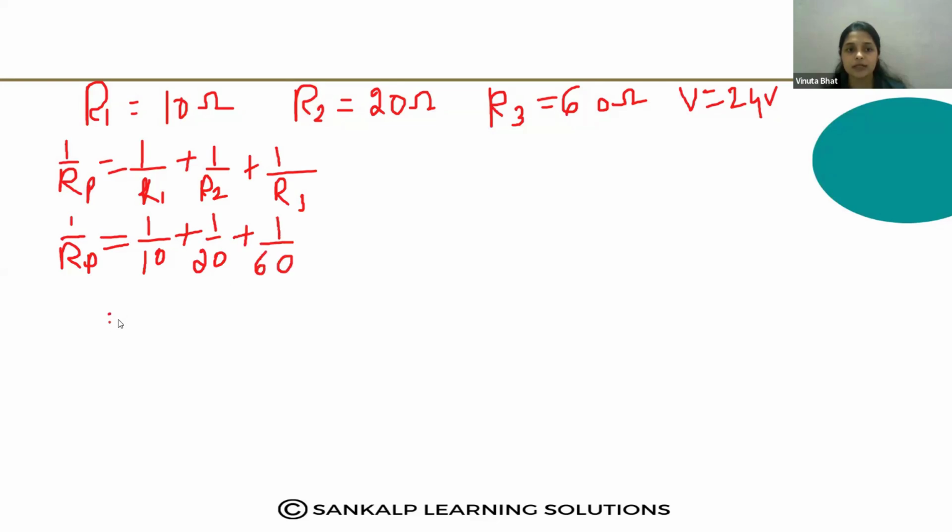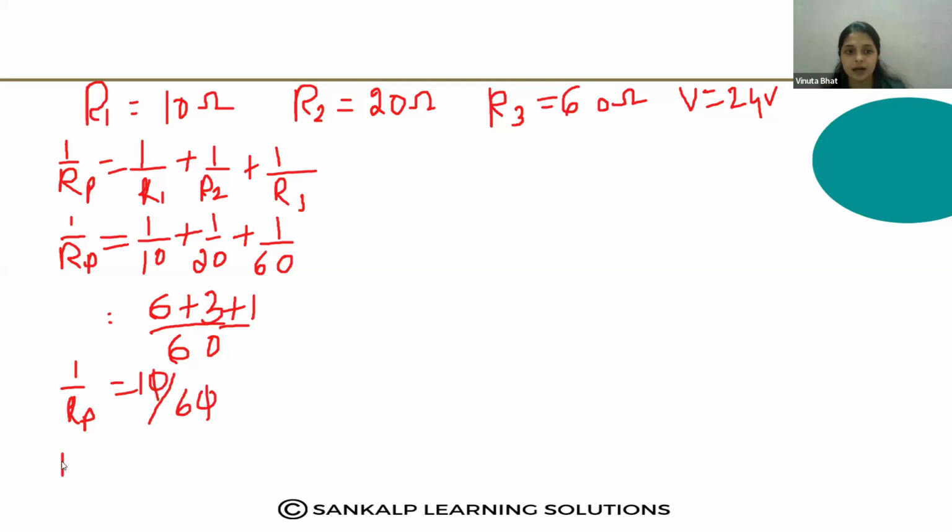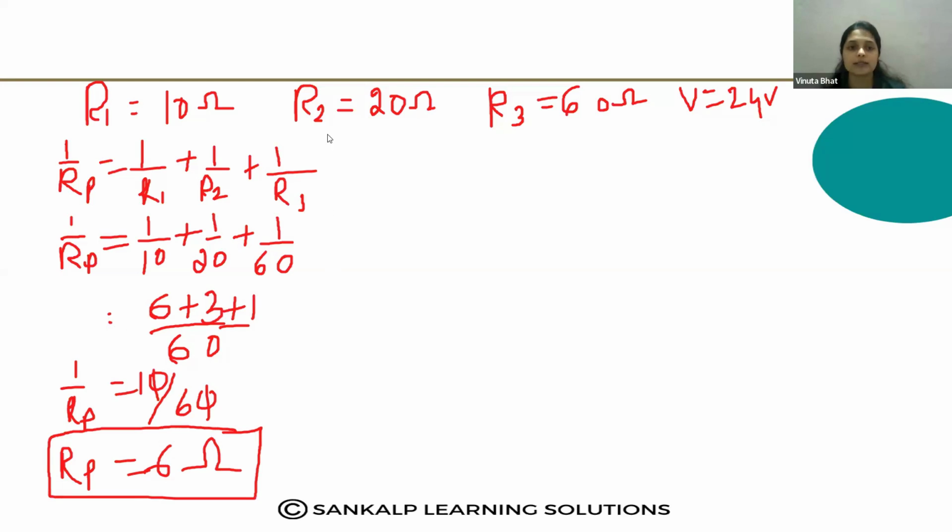So what is the LCM? 60. Divided by, 6 plus 3 plus 1. 1 by Rp is equal to 10 by 60. 0, 0 get cancelled. Rp is equal to 6 ohm. What is the total resistance in the circuit? You have to write the total resistance in the circuit, that is 6 ohm.